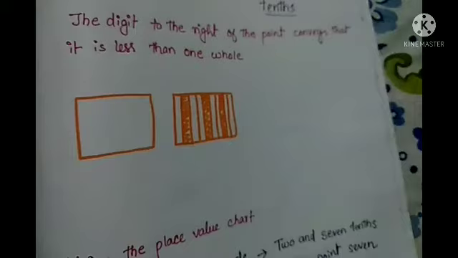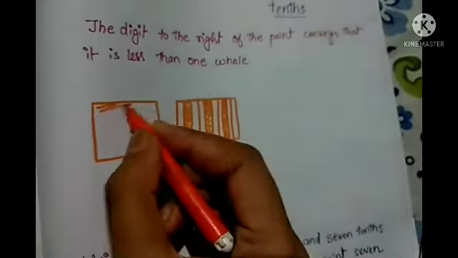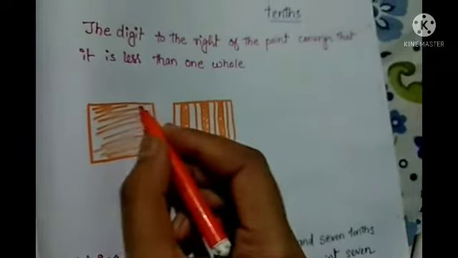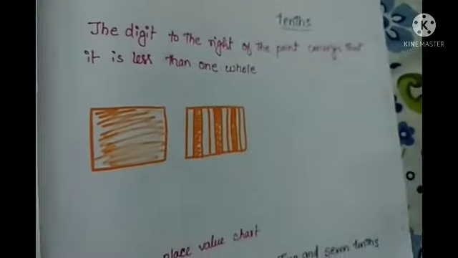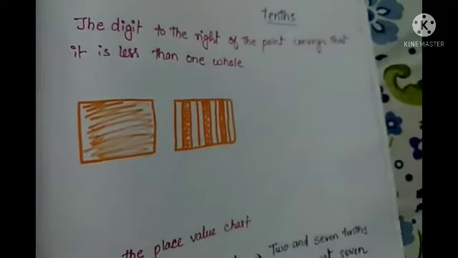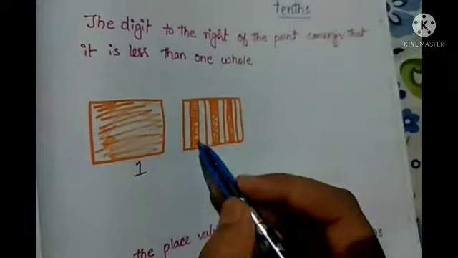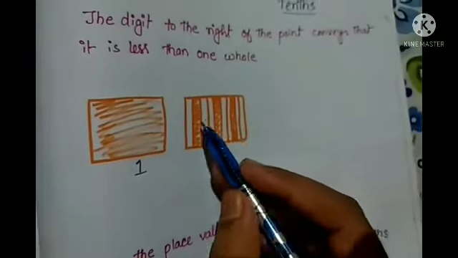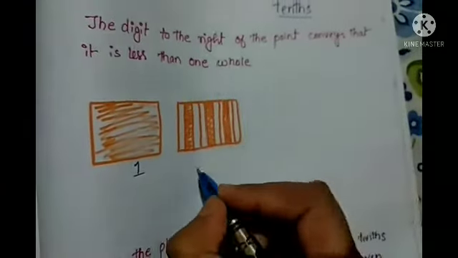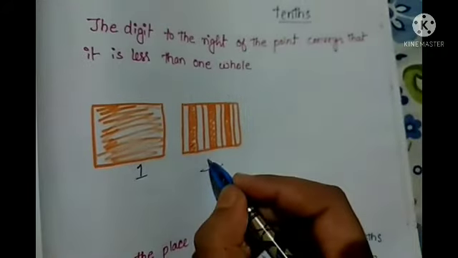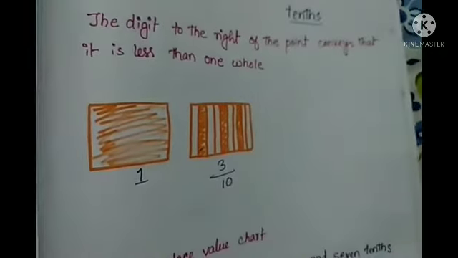So the first box, if we shade it completely this way, this one will become one whole, right? So how can we write one whole in number? Simply 1. Now here you see this figure is divided into some parts. Total parts are given here 10, and how many shaded parts? Shaded parts are 3.